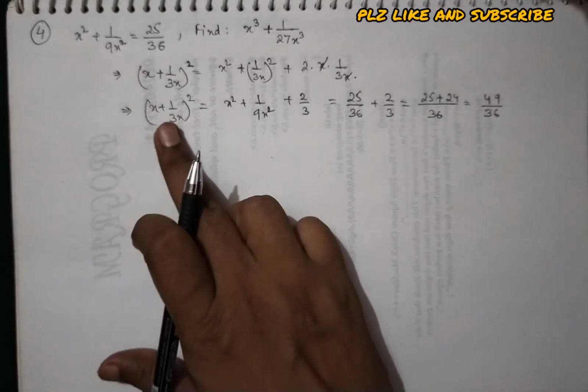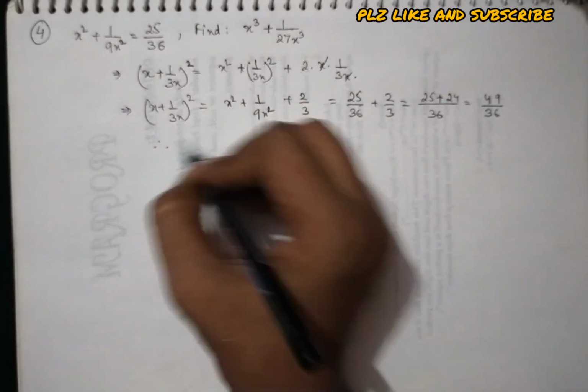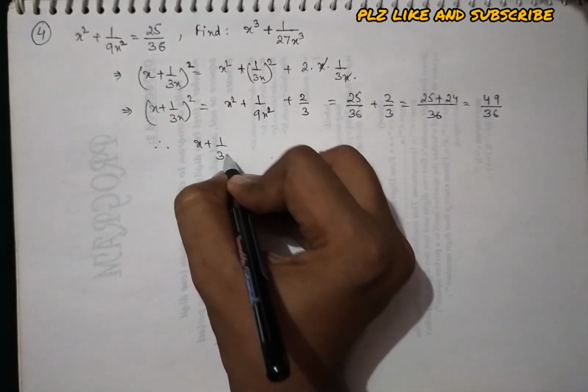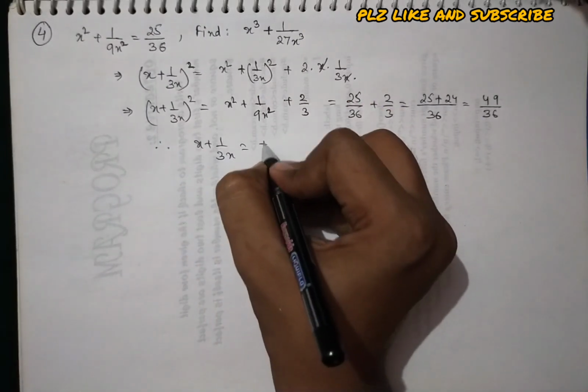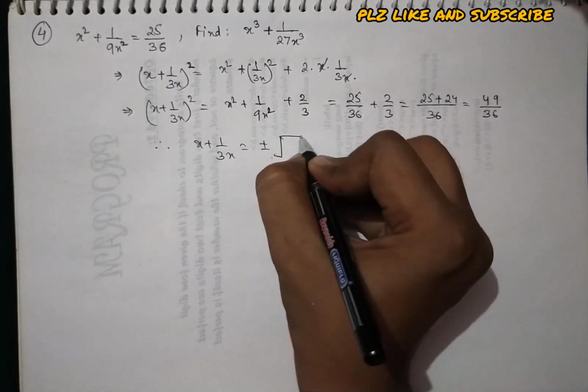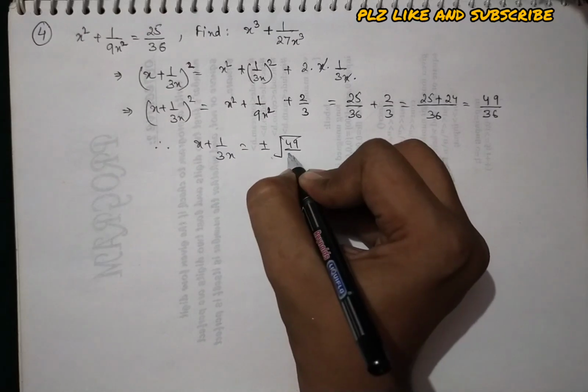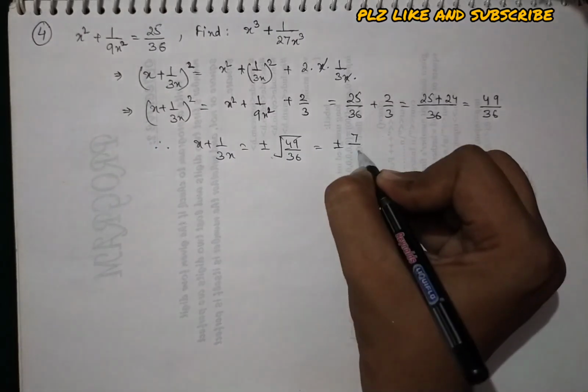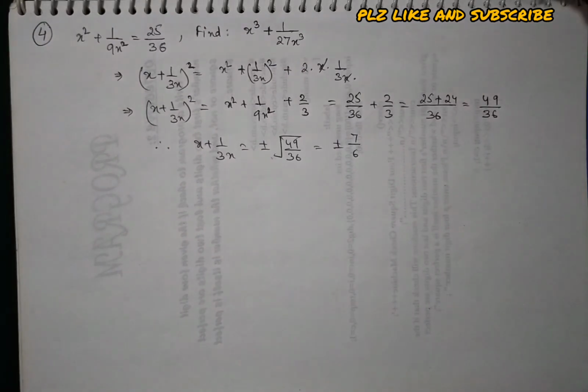Now to find the value of x plus 1 upon 3x, we take the square root on both sides, and x plus 1 upon 3x will be equal to plus or minus root 49 by 36, that is plus or minus 7 by 6. And now we can go for the cube one.